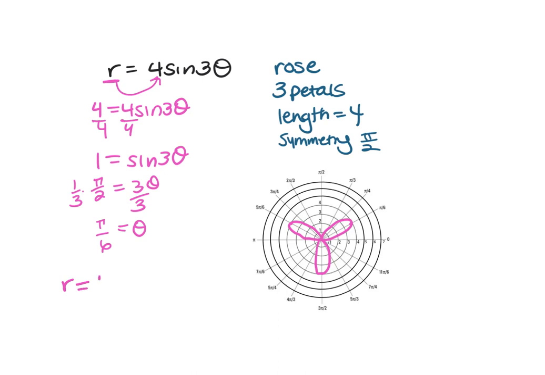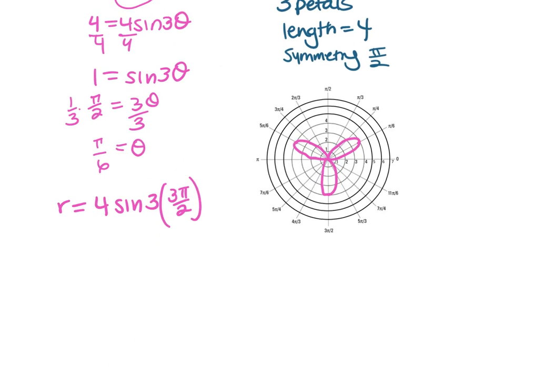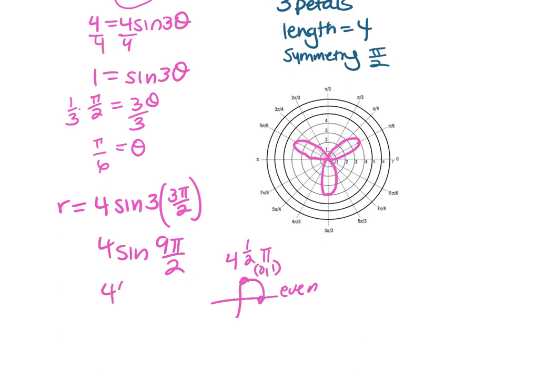So if I did r equals 4 sine of 3 times 3 pi over 2, I would get 4 sine 9 pi over 2. 9 pi over 2 is not on my unit circle, so I convert that to a mixed number, which would be 4 and 1/2 pi. 4 is even, which would be on the right-hand side of my circle, and then go 1/2 past it. I'd be at the top, and that coordinate point is 0, 1, so the sine is 1, and that tells me that coordinate point was correct. 4 pi over 3 would be my third petal.